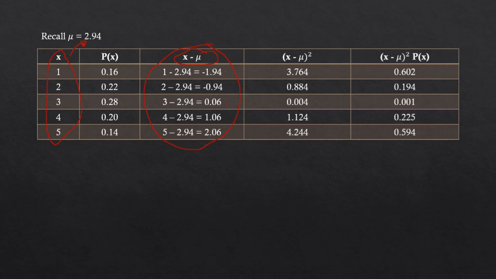So these answers were squared to get the fourth column, x minus mean squared. The answers are 3.764, 0.884, 0.004, 1.124, and 4.244. In the last column, you have to multiply the fourth column by the second column.